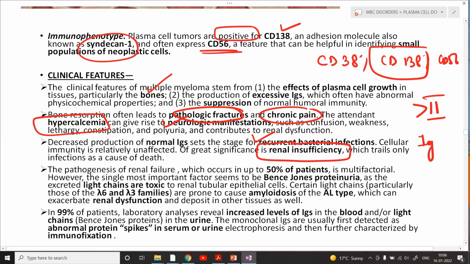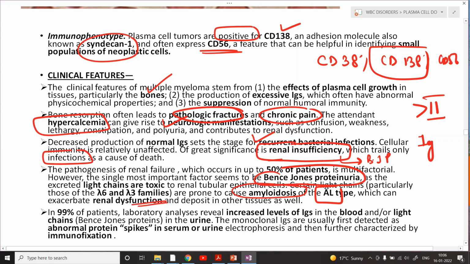So infections are the most common cause of death, and the second important cause of death is renal insufficiency, which occurs because of Bence-Jones proteinuria. The pathogenesis of renal failure, as I told you, is Bence-Jones proteinuria, as I have already explained. Some cases of multiple myeloma might have amyloidosis because of formation of AL type of amyloid. In that case also, this amyloid is going to deposit in the kidney and cause kidney dysfunction.